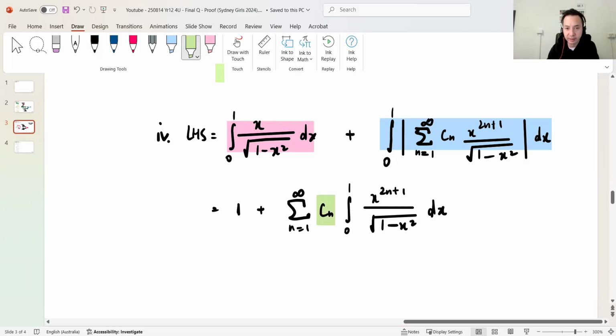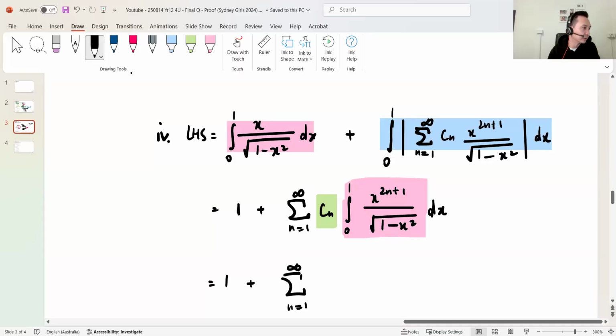I'm going to replace that with what they gave me, and I'm going to replace this with part 3. So you get 1 plus sum. Now what is that? That's like 1 times a big fraction, actually: 3 times 5 times 2n minus 1, rather.